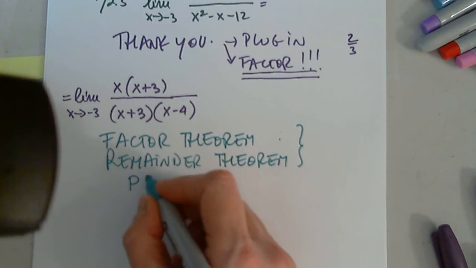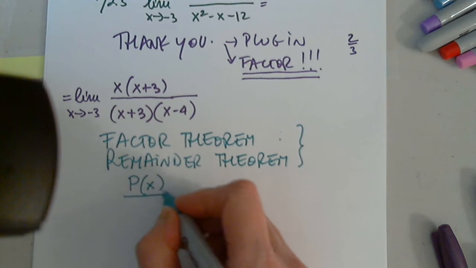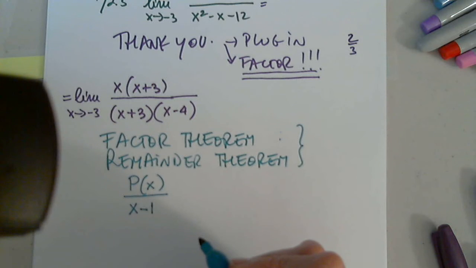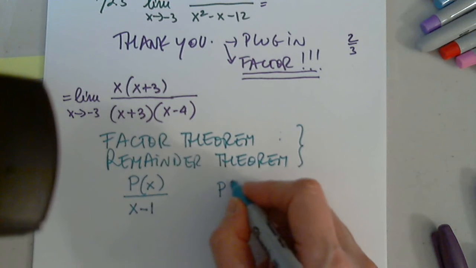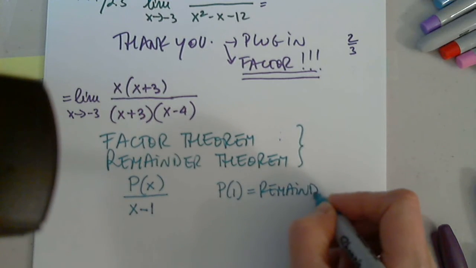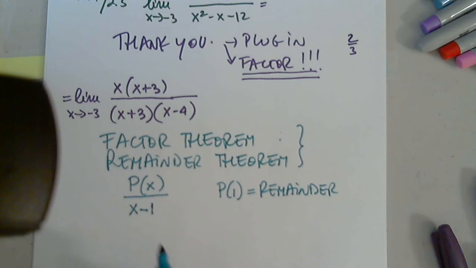So if I have a polynomial divided by x minus 1, p of 1 is the remainder. So if I plug in 1, I will get the remainder.